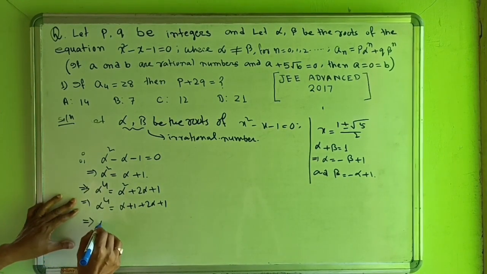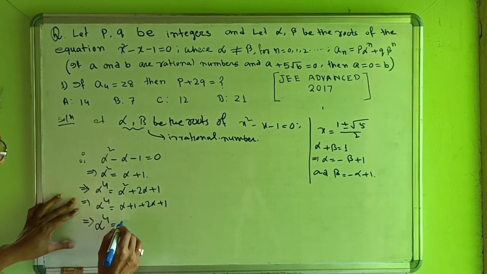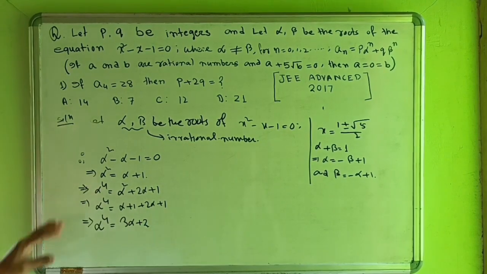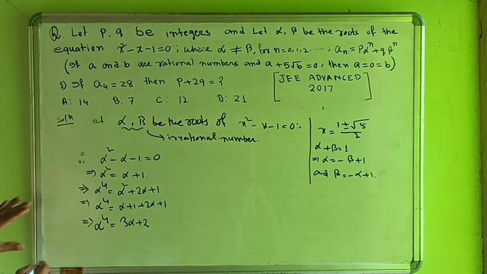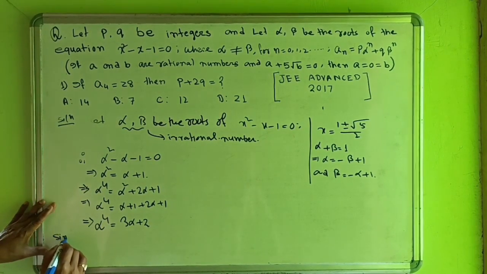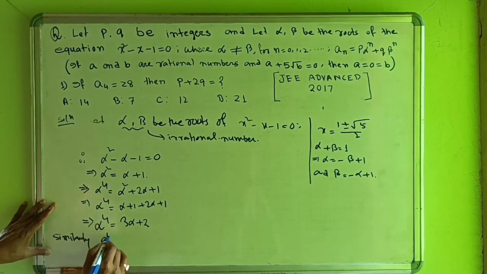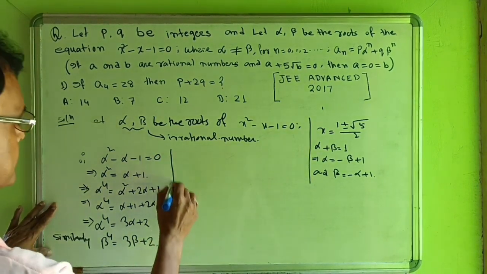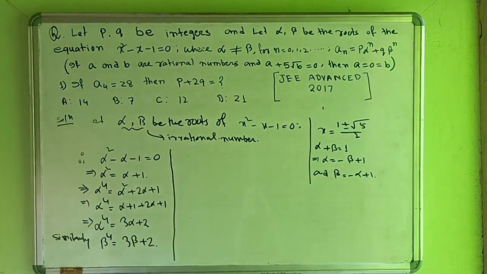This implies alpha to the power 4 is thrice alpha plus 2. Similarly, in case of beta, we can write beta to the power 4 is equal to thrice beta plus 2.